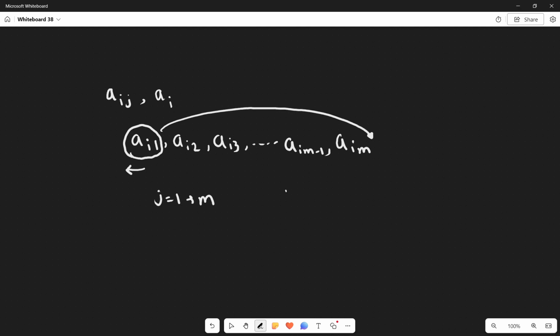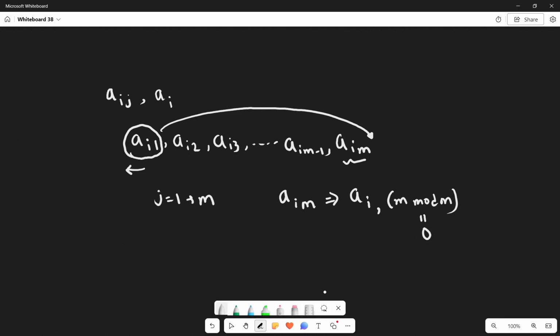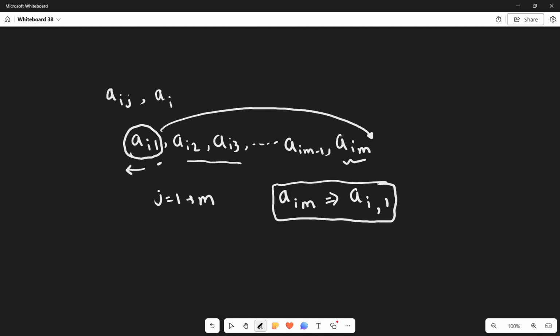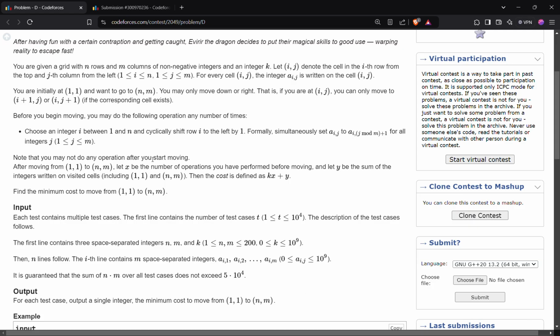So a_im will be set to a_i,(m mod m)+1, where m mod m is 0, and 0 plus 1 is 1. So a_im will be set to a_i1. This element moves to the rightmost position and every other element shifts left by one cell. Okay, that is how the operation works.